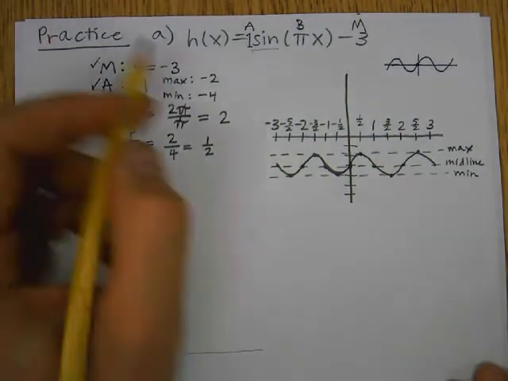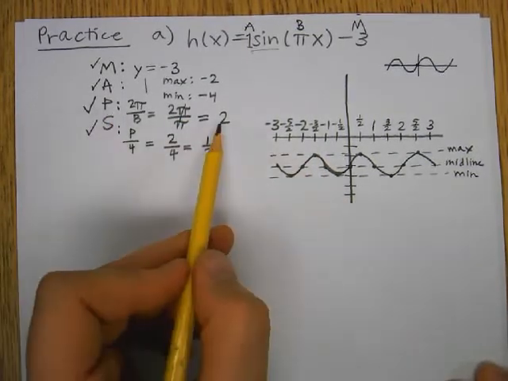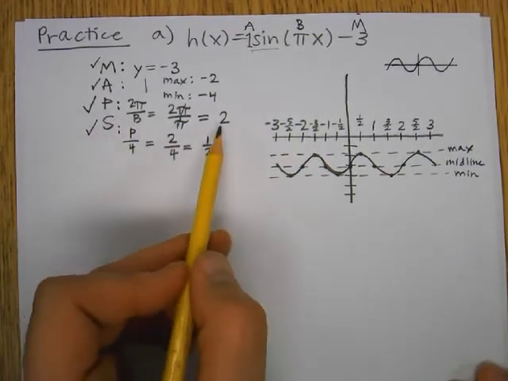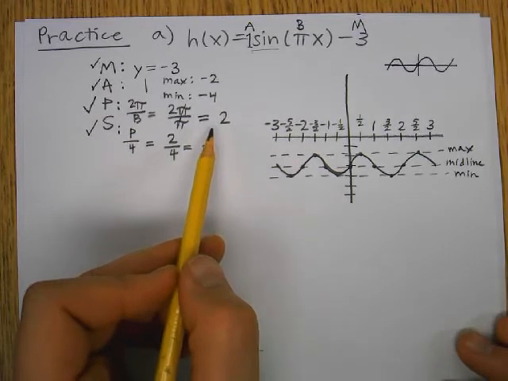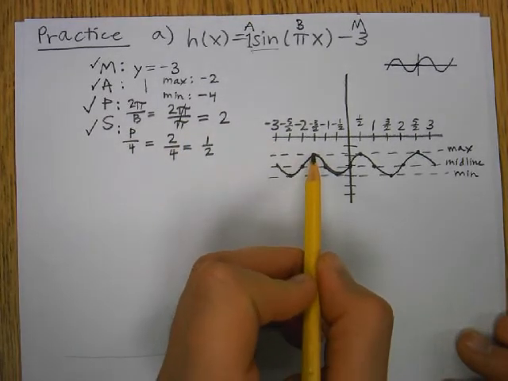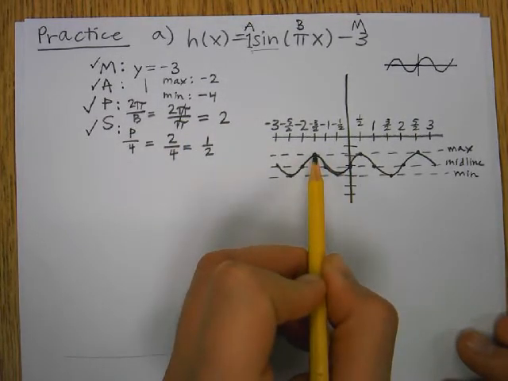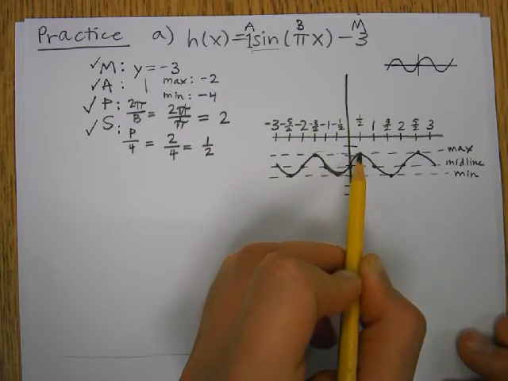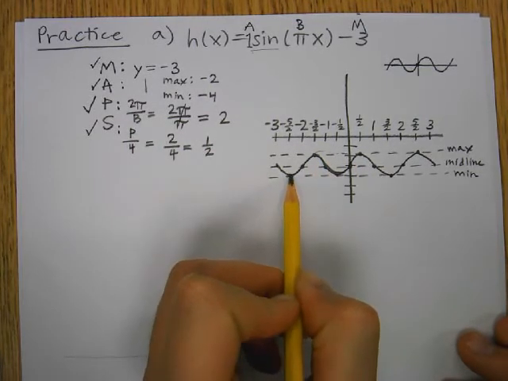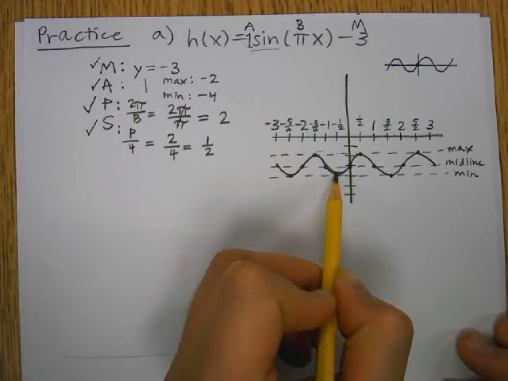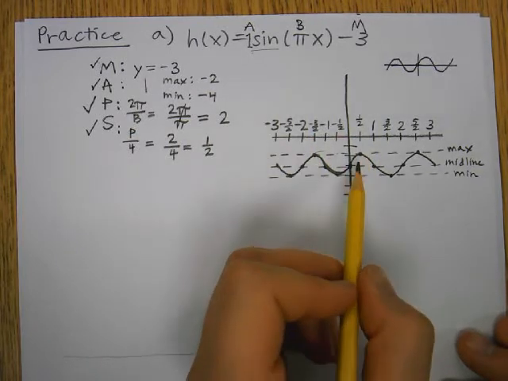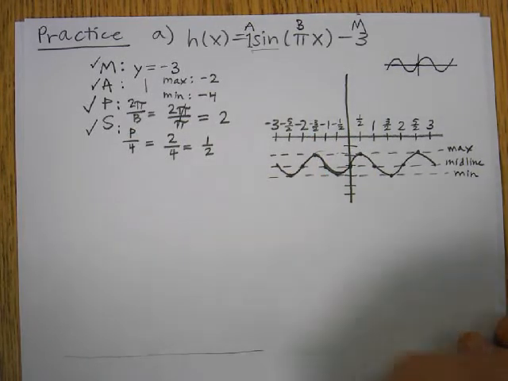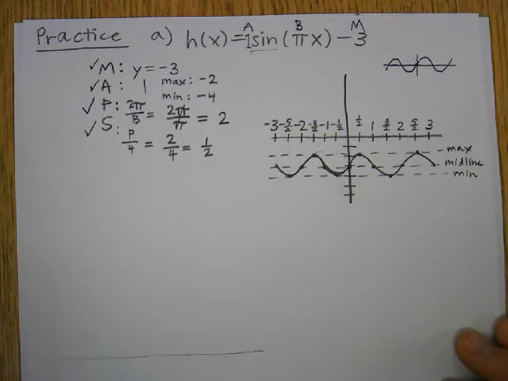At this point, now I've even checked the period, and the period is 2 pi, or no, it's not 2 pi, the period is just 2. And if I check between any 2 maximums, from this point to this point, this is a total distance of 2. Any 2 minimums is a total distance of 2. And I know that I've graphed this graph correctly.